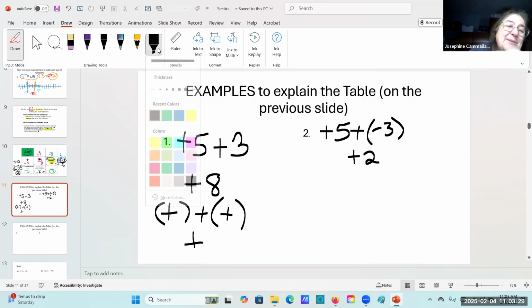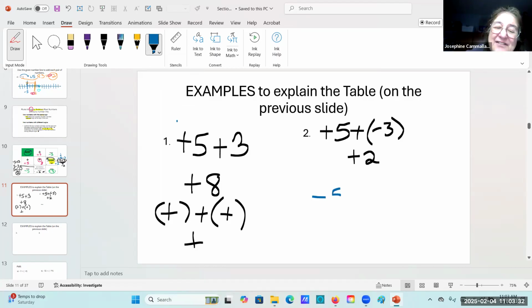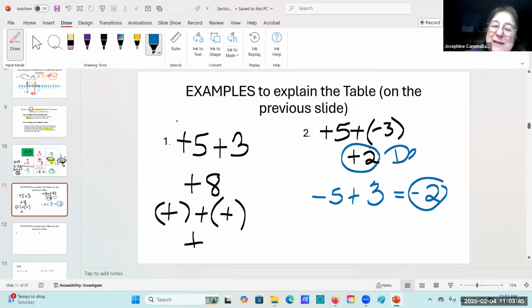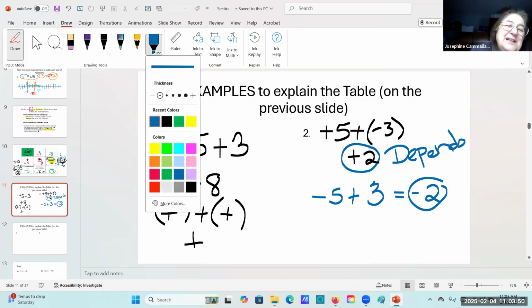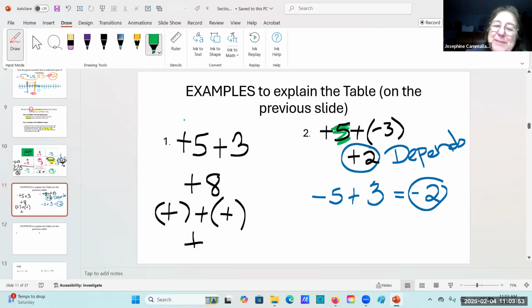But if I have a negative 5 plus a positive 3, this is going to give me a negative 2. That's why the word depends on the larger number. Here, 5 is bigger. Here, 5 is bigger. And notice what sign 5 has. That's determining the sign.